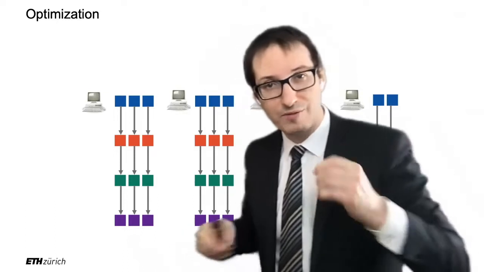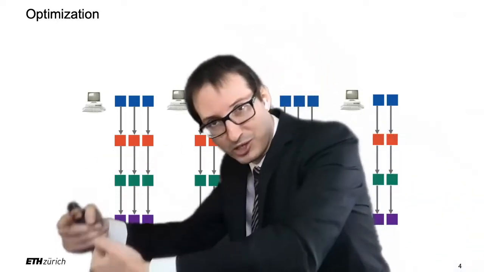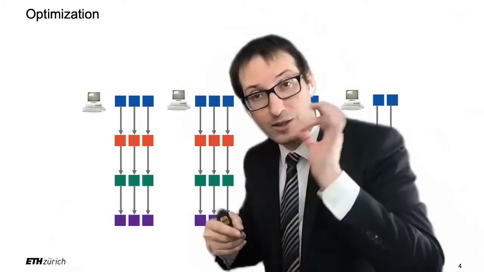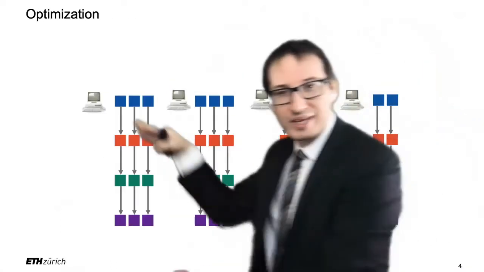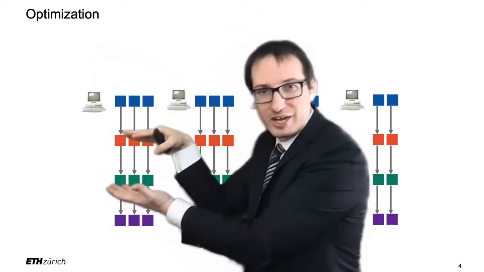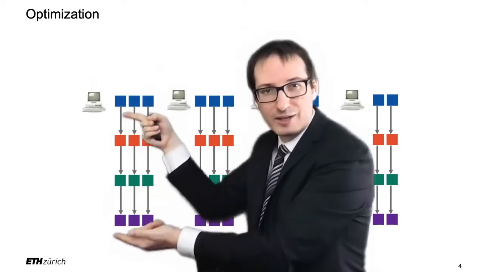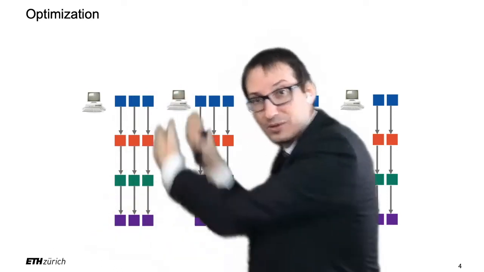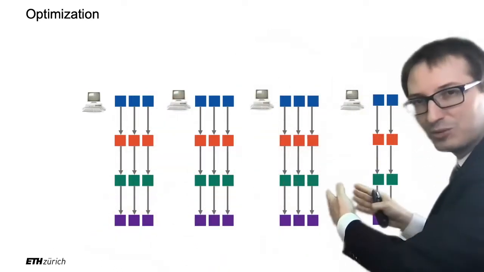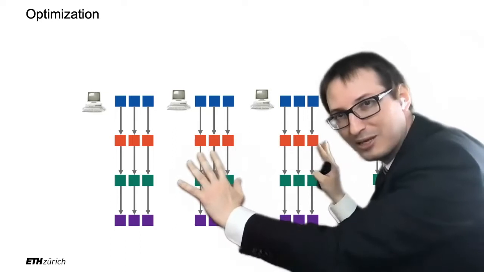There is another thing that we saw. We saw that if you have a succession of several transformations, one after the other, and all of these transformations are like this, they are in a row, then we can kind of squeeze together the transformations and we can compute, in that case, 3 transformations at the same time while not communicating between the machines. There is no shuffling anywhere here.